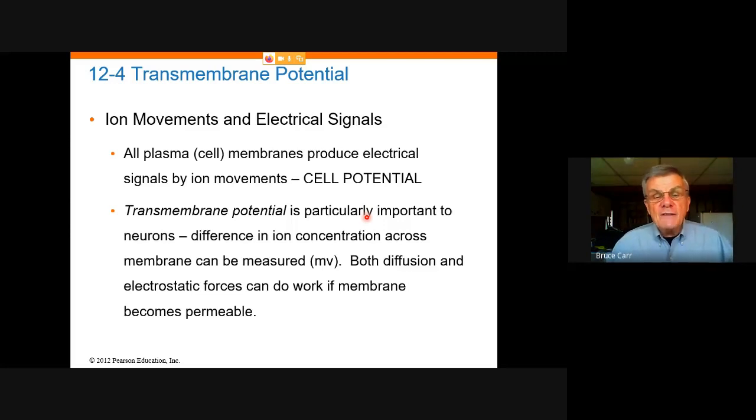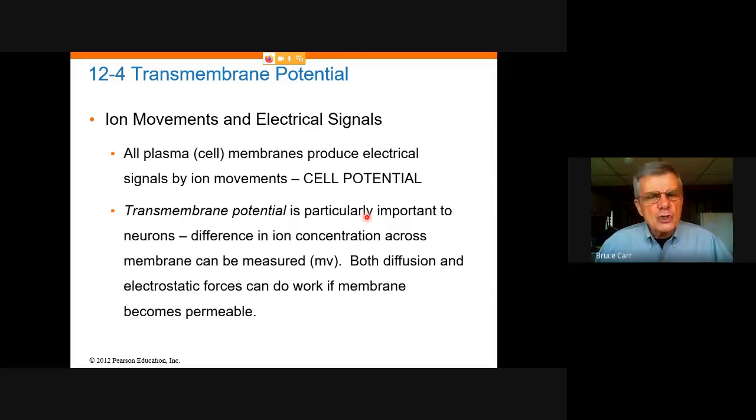If you take a tiny voltmeter, you have to have pretty fine electrodes. You stick one electrode into the cytoplasm of the cell and lay a little flat plate electrode on the outside of that membrane. The voltmeter registers a voltage. That means each cell has a difference in concentration of positive and negative charges on the two sides of its membrane.